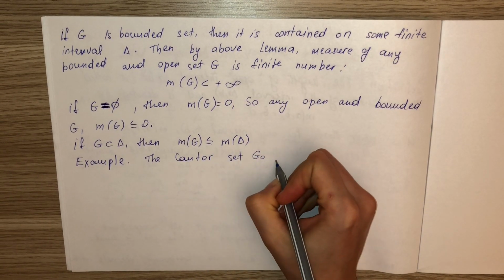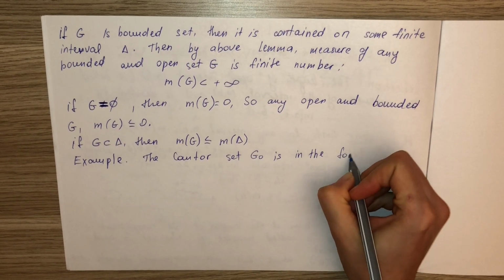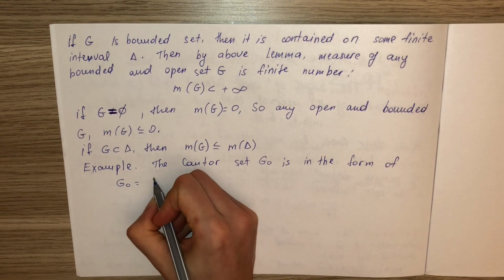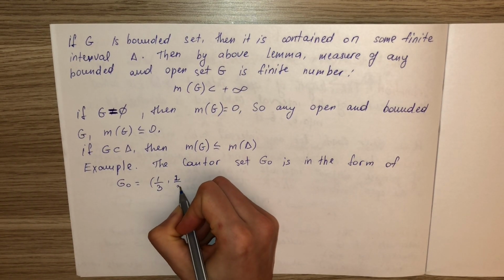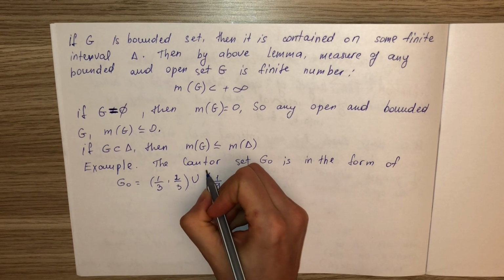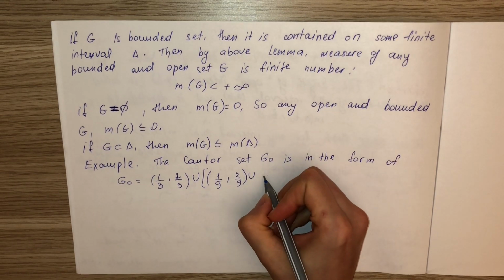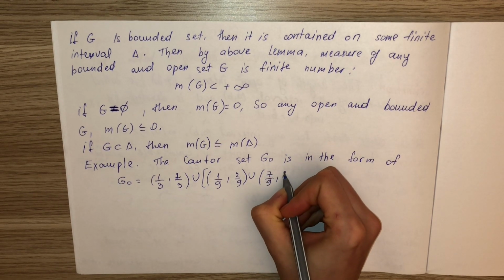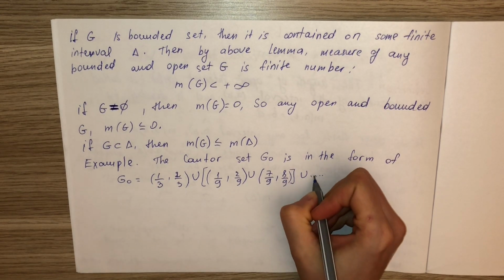Let it be G0, in the form of, do you remember? (1/3, 2/3) union (1/9, 2/9) union (7/9, 8/9) union, and so on.